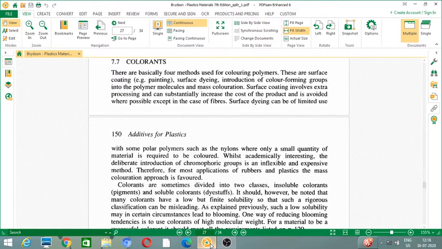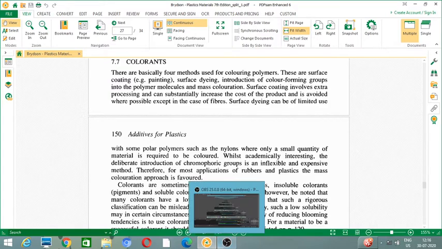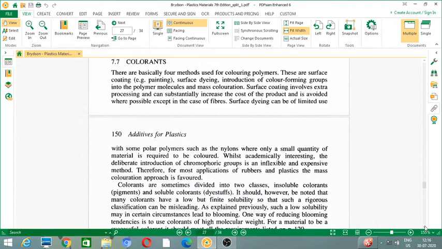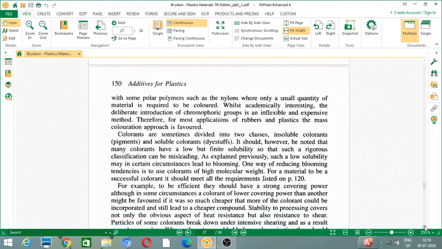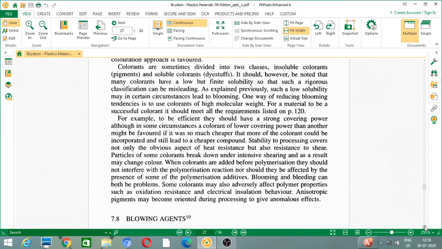For a material to be a successful colorant, it should meet all the requirements.